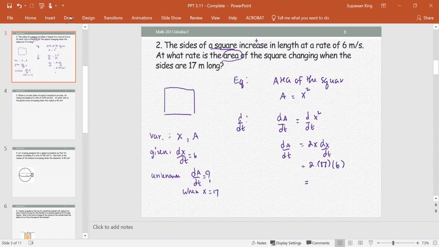Therefore, the answer is 2 times 17 times 6, which turns out to be 204. And the unit, since this is the rate of change of the area with respect to time, is square meters per second. So dA by dt equals 204 square meters per second.